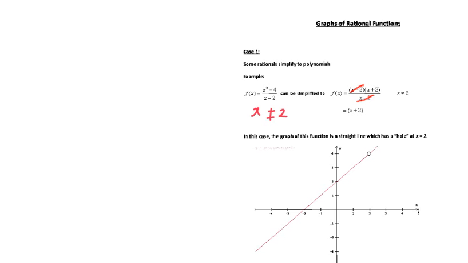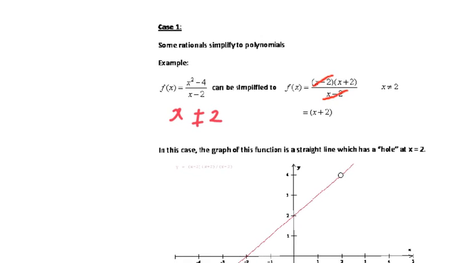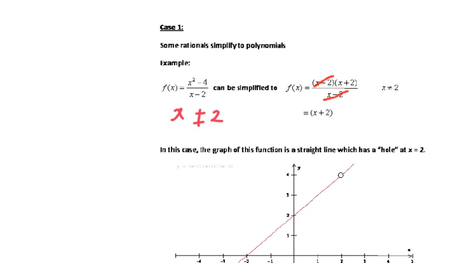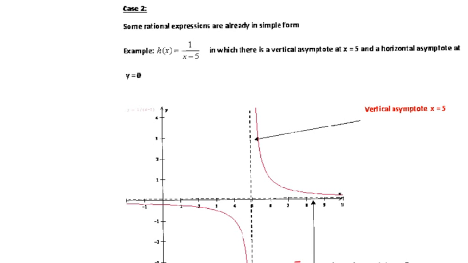So this is the first case, where we can have a hole, because the only restriction in the denominator got cancelled out. The second case is that some rational functions are already simplified, and so we don't have the problem where any of the restrictions will cancel out.